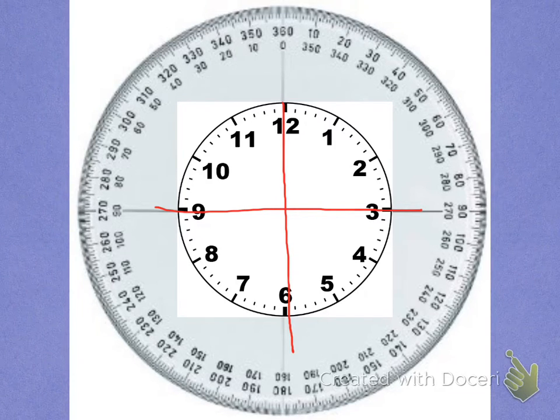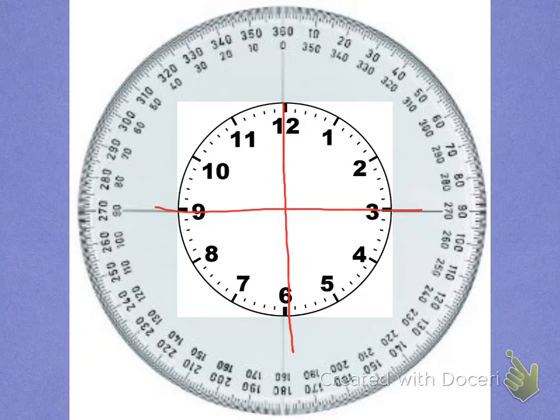So look what I've done here. We've got the clock that you were just looking at, and then it is inside of something that we call a full circle protractor. And you'll notice that this protractor has 2 rows of numbers. The top row, you will notice, has a 360, and then underneath that it has a 0.